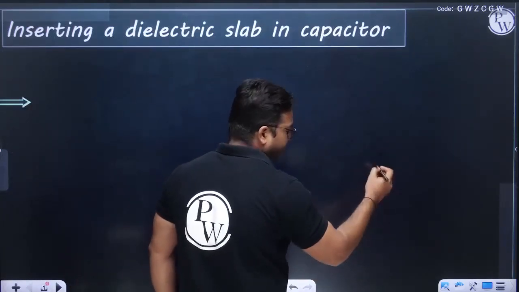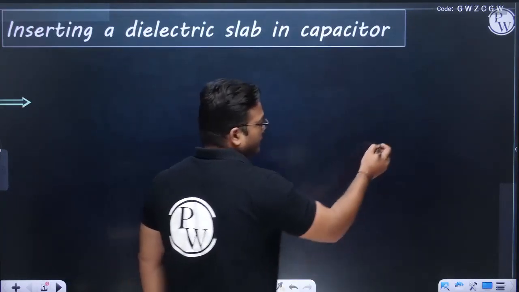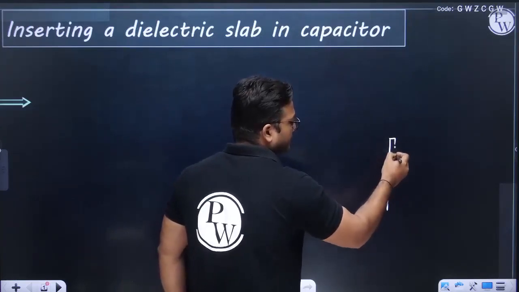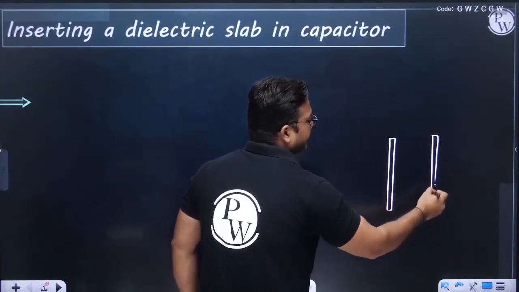Suppose we have a capacitor. This is first plate and this is the second plate.